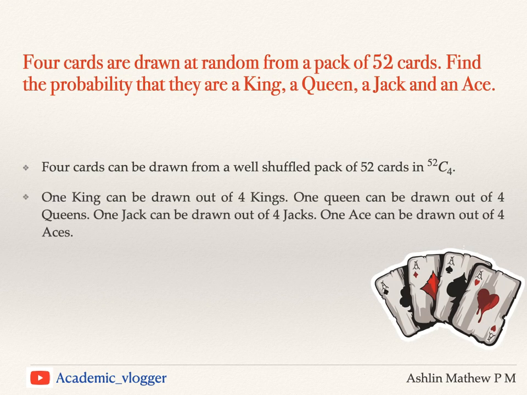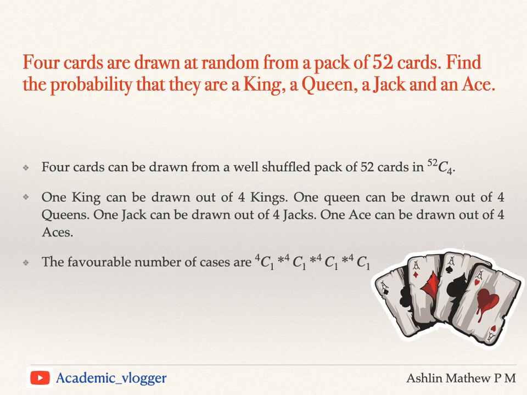One king can be drawn out of these 4 kings, one queen out of 4 queens, one jack out of 4 jacks and one ace out of 4 aces. The image in this slide shows the aces in all 4 symbols.